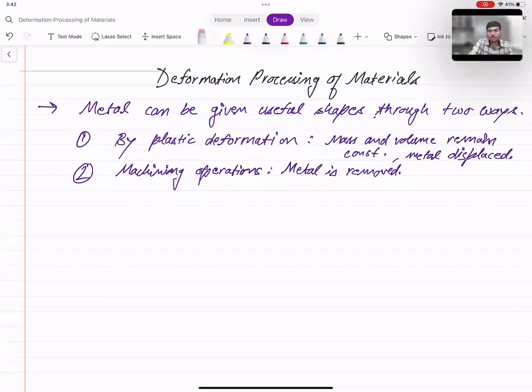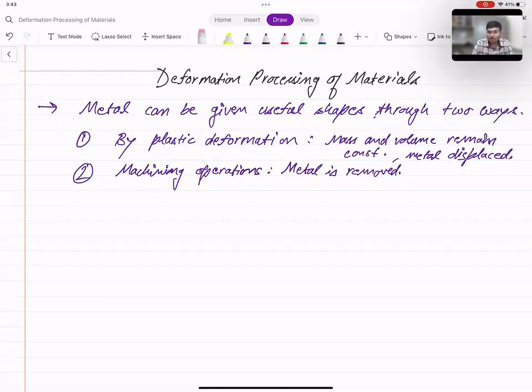So the initial component which is used for these processes, which finally gets converted to the final product, in the initial stage it is called workpiece, or even during the working process, the component which is being worked upon is known as workpiece. So during these particular operations, we need to keep in mind the mechanical properties of the final component or final finished product also.